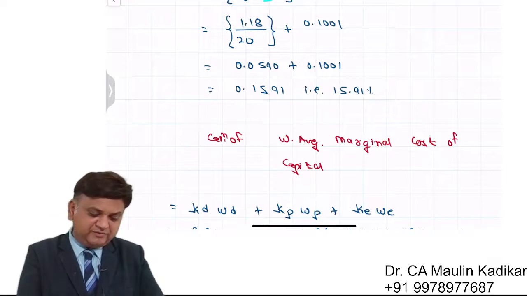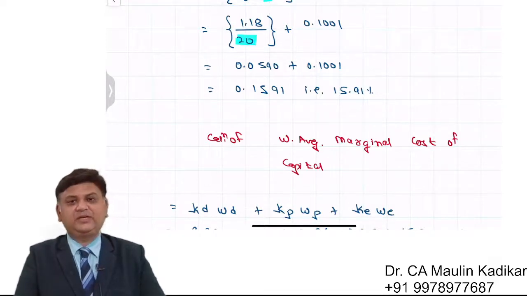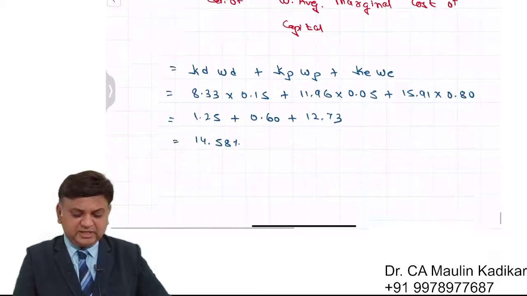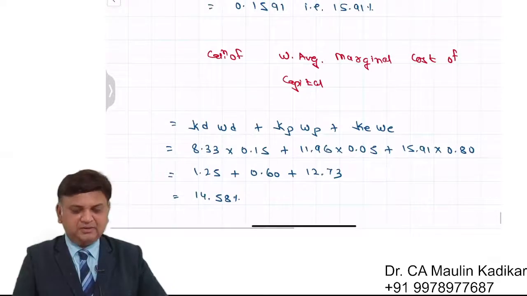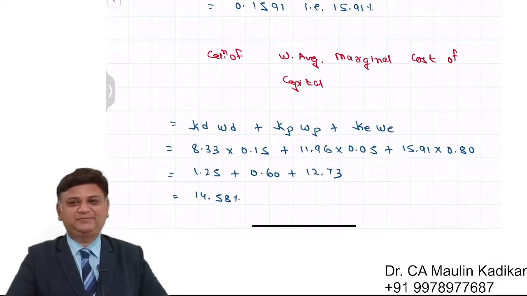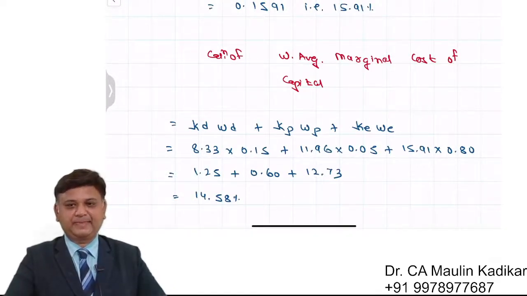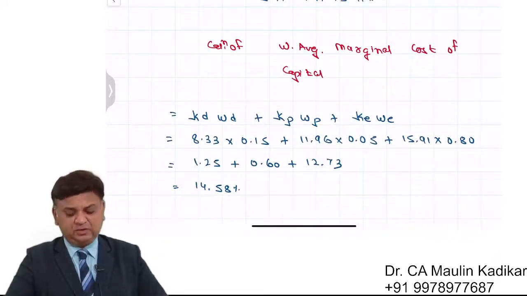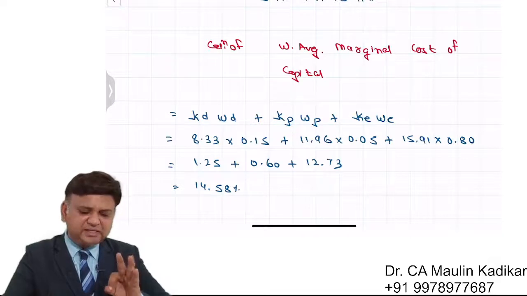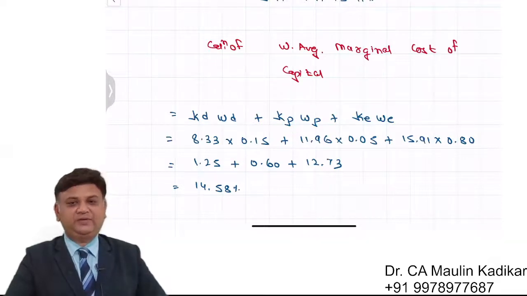At this point of time, we have been provided that the new equity share issue will have the price of 20. Accordingly, the KE is calculated, and lastly, weighted average marginal cost of capital. So when funds requirement is exceeding 14750, we have to earn at least at the rate of 14.58%.